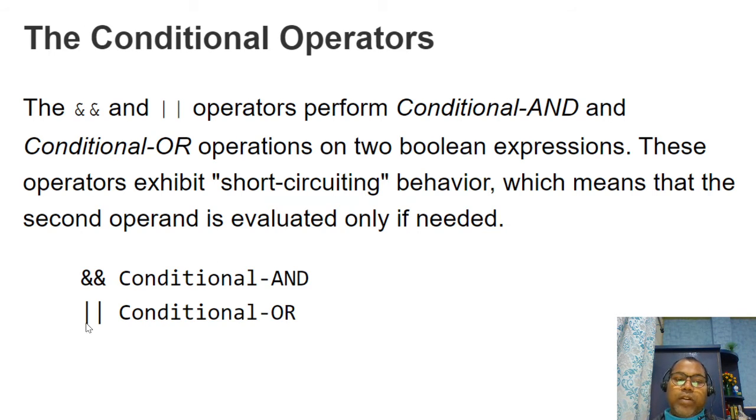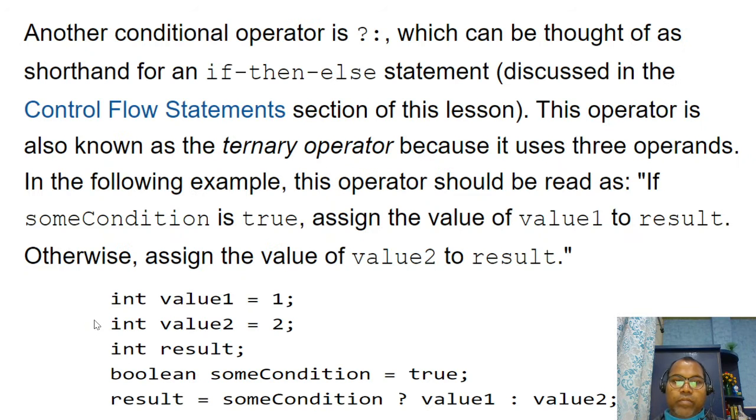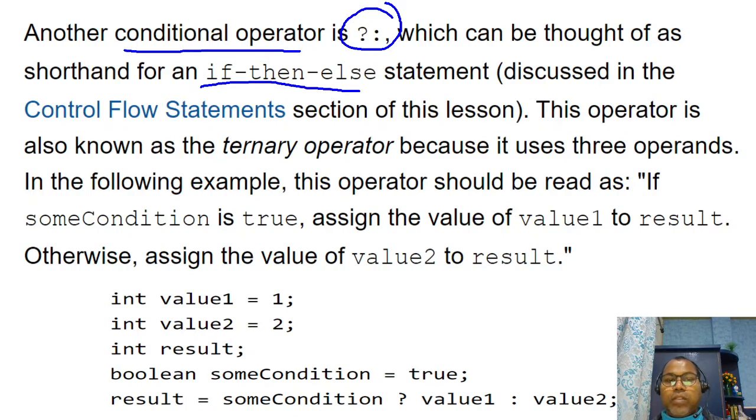And the same goes for the OR condition as well. And this is another operator, known as the conditional operator or ternary operator. This looks like the if and else block, which is some control flow. But this operator, known as the ternary operator, uses three operands.